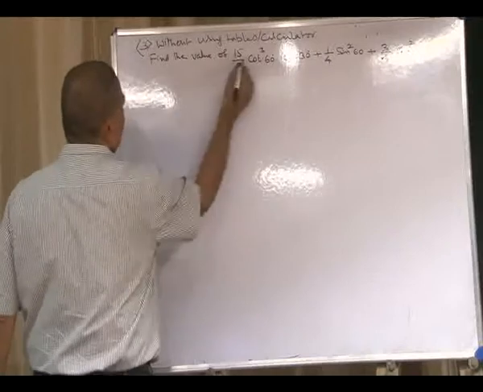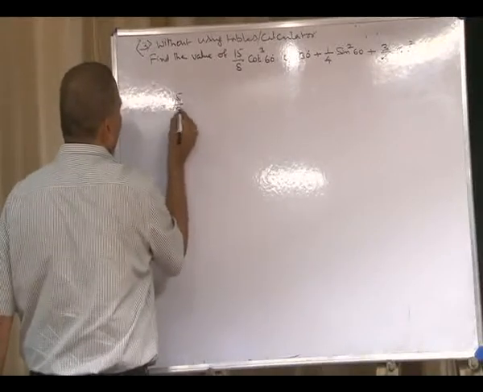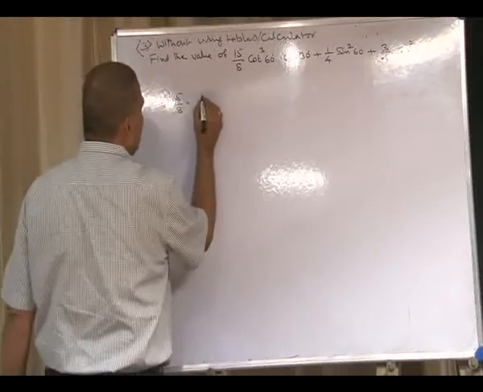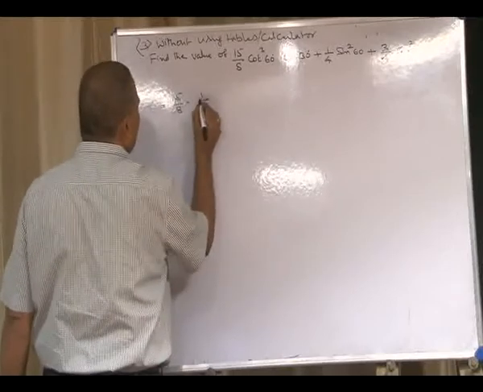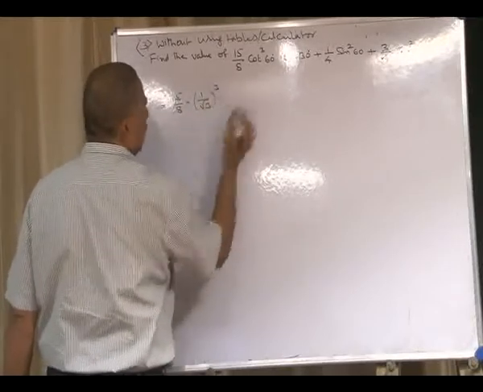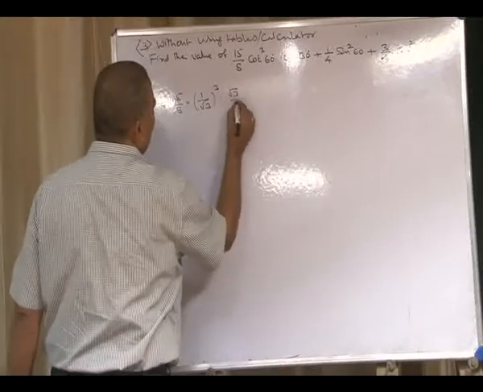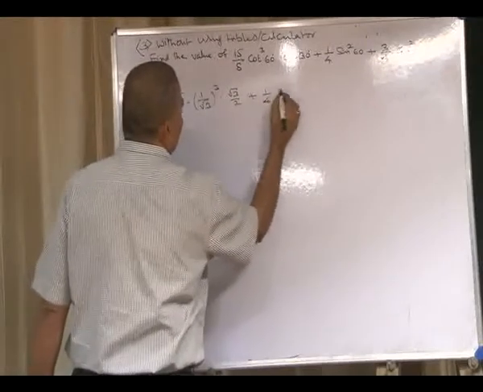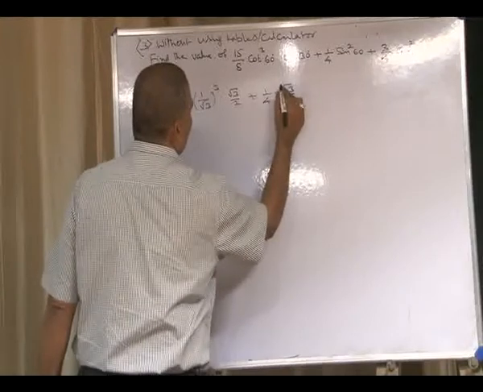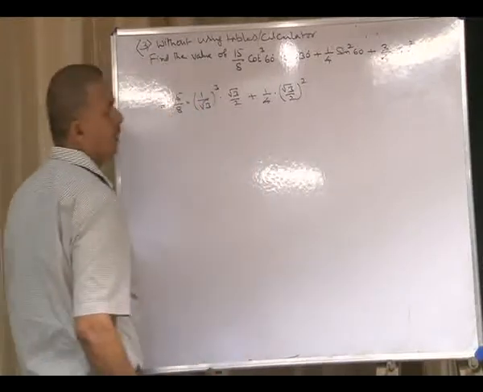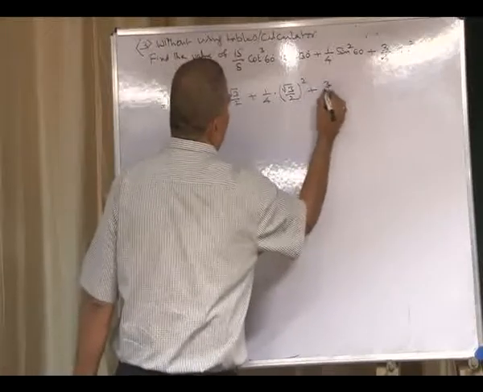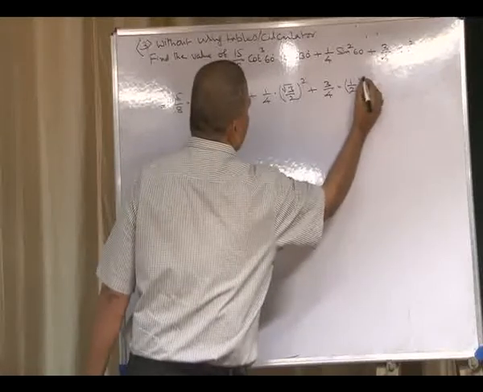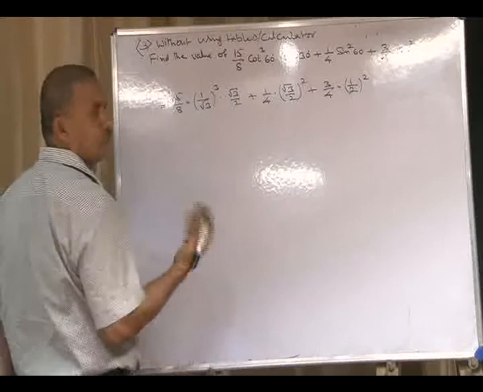That is equal to, here, 15 by 8 into cot 60 value is 1 by root 3. Cot cube 60 means 1 by root 3 the whole cube into cos 30 is root 3 by 2, plus 1 by 4 into sin 60 is root 3 by 2. Sin square 60 is root 3 by 2 the whole square, plus 3 by 4 into cos 60 is 1 by 2, cos square 60 is 1 by 2 the whole square.